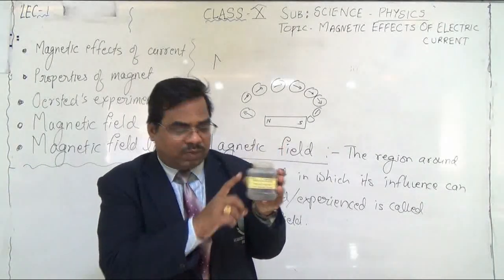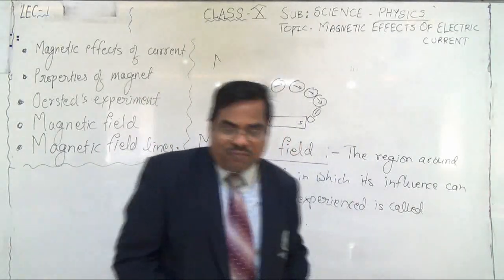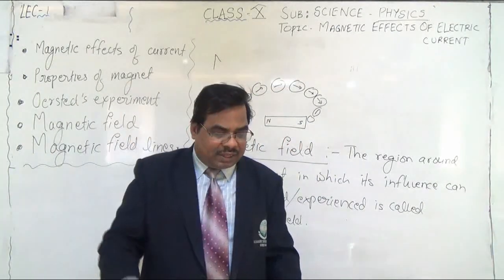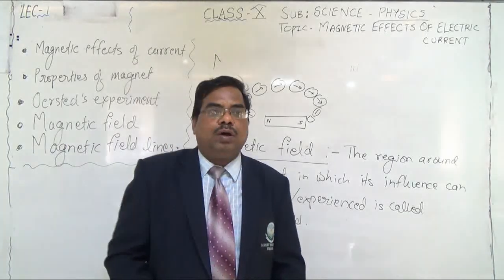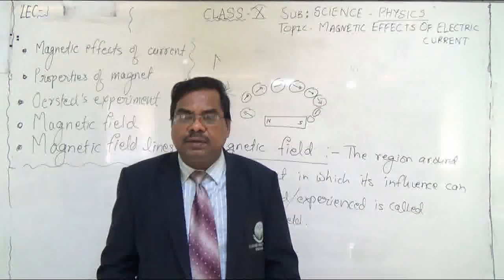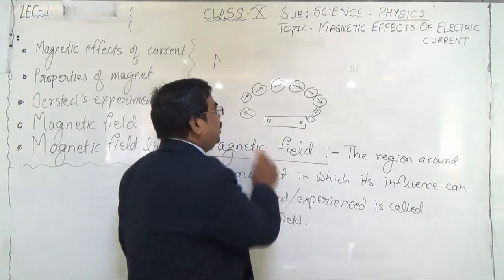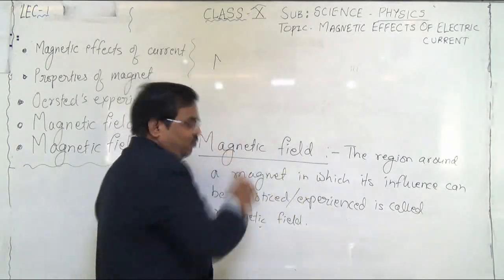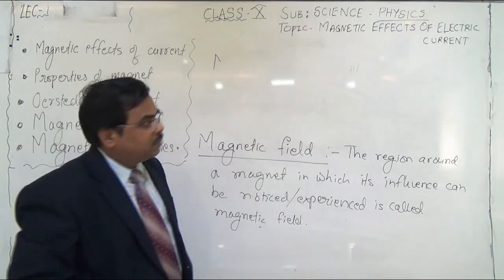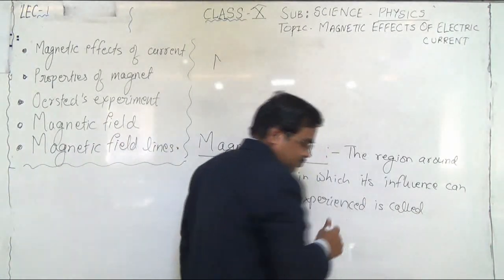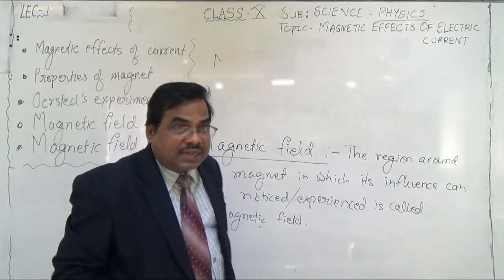If you sprinkle the iron around a bar magnet, these iron particles are going to align themselves in some shape. Let's see one experiment.